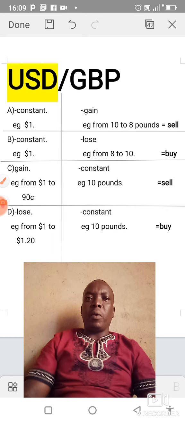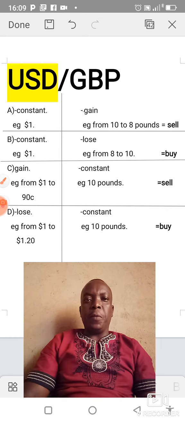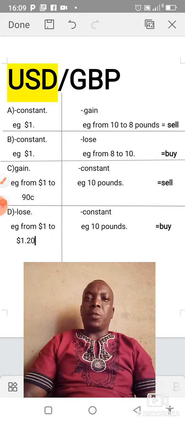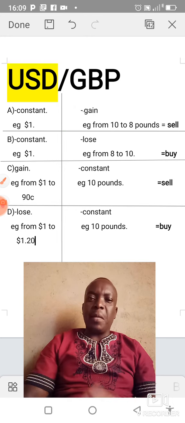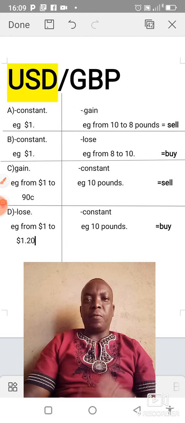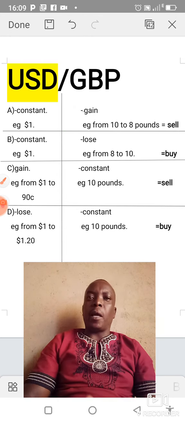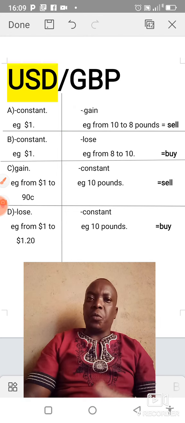When the quote currency loses value, you're supposed to place a buy, because on the graph you're going to see the candlesticks moving up. Don't worry, if you are not yet aware of what I mean by candlesticks, I'm going to explain in my upcoming videos.